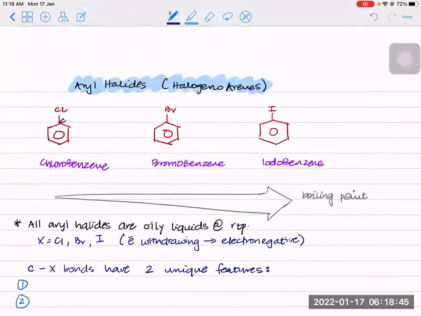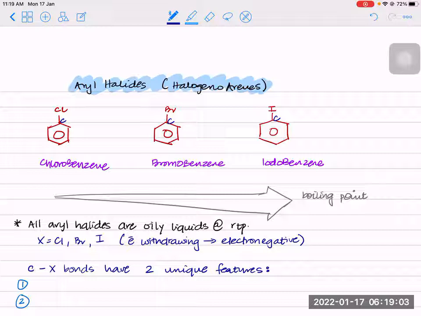Now you have a carbon with a Cl here, carbon with a Br, carbon with an iodo. We've seen these bonds before in halogenoalkanes, but those bonds were slightly different from these bonds. These halogenoarene bonds have two unique features.